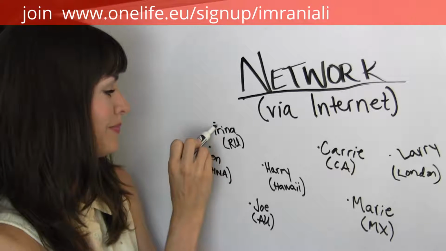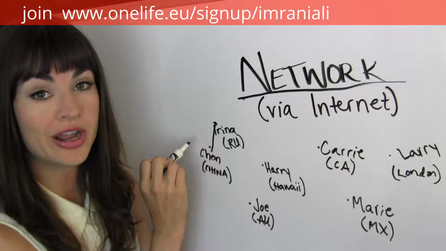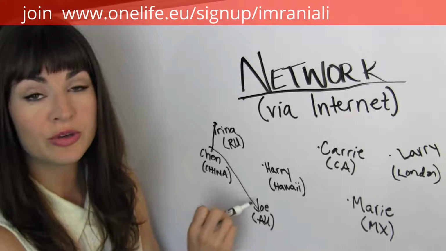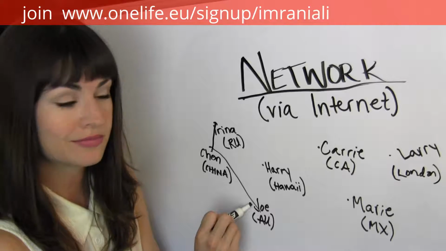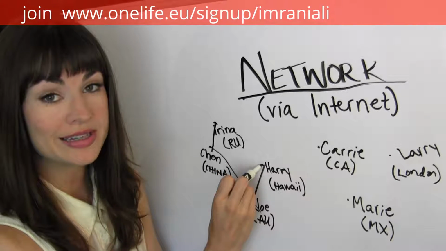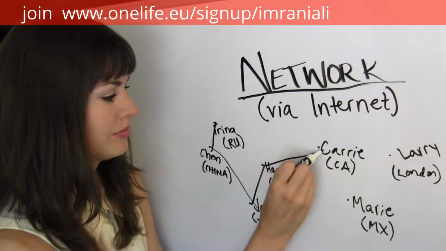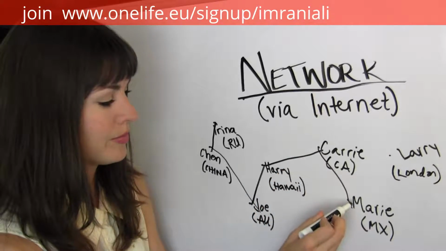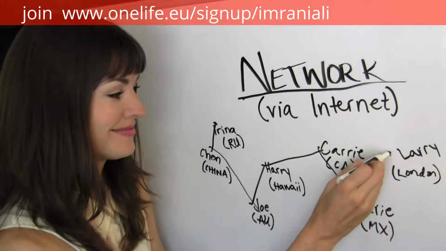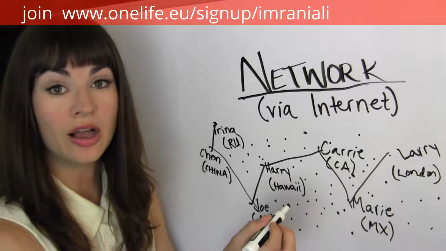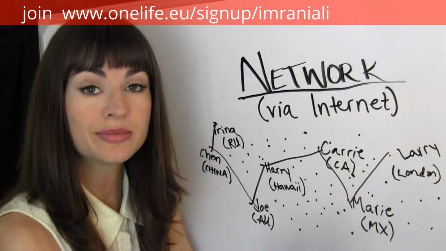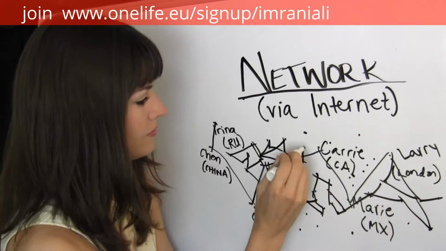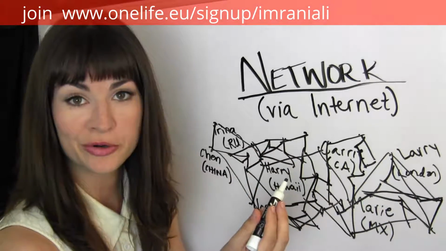Irina in Russia communicates to Chen in China, communicates to Joe in Australia, communicates to Harry in Hawaii, communicates to Carrie in California, Marie in Mexico, Larry in London, and hundreds or thousands more people across the world, looking something like this. You get the general picture.